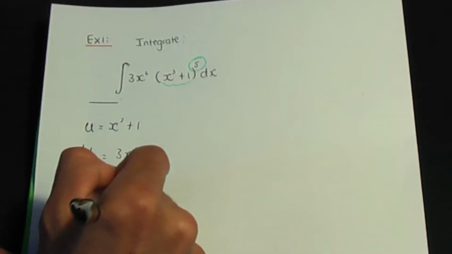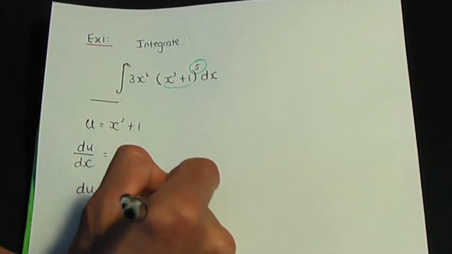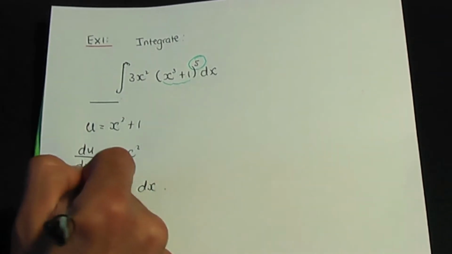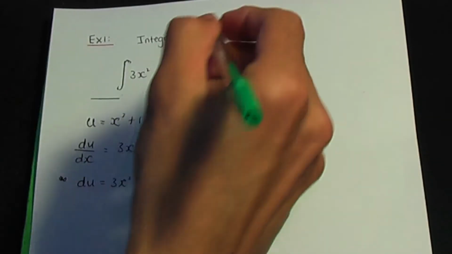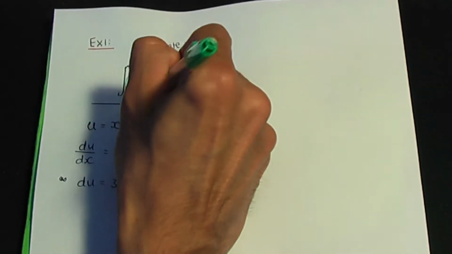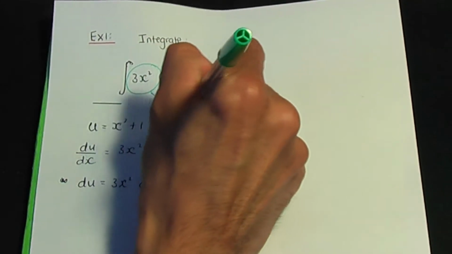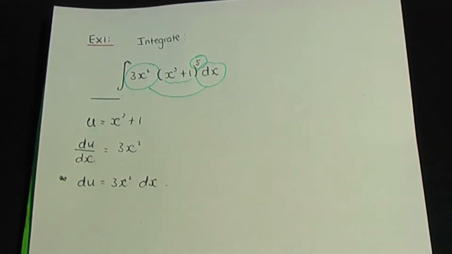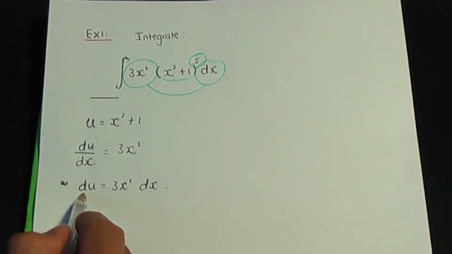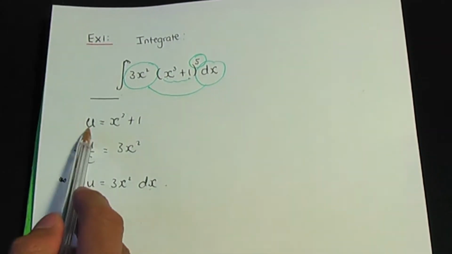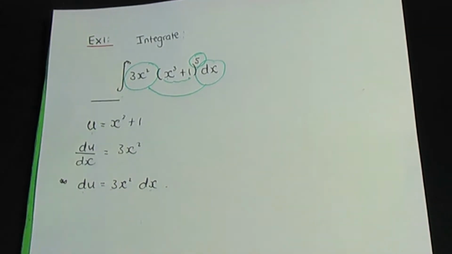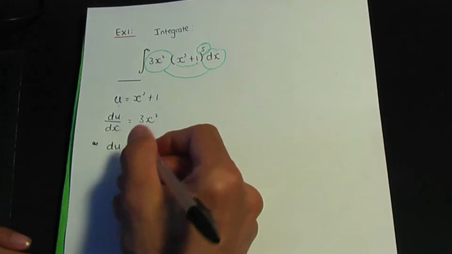So du is 3x squared dx. And this is where I like to stop and think. So in this case, let's take my green pen. The 3x squared dx, so this term as a whole, we're going to replace that by du. And the x cubed plus 1 is replaced by u. Okay, so substitution is working for us.